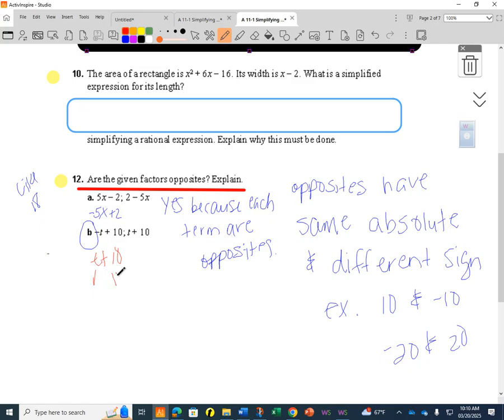No. So in order for these two expressions to be opposite, all of those same terms, with the same absolute value, have to be opposite. So we're going to say no here, because 10 and 10 are not opposites, or because both terms aren't opposites. However you're going to say it, I'm going to say because 10 and 10 are not opposites.